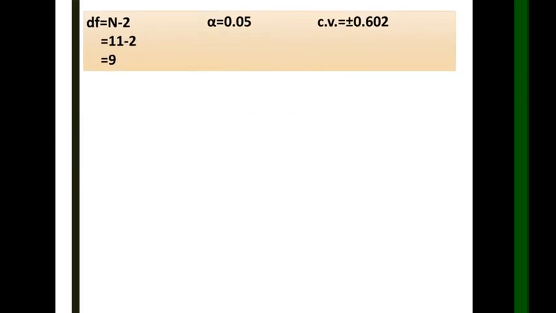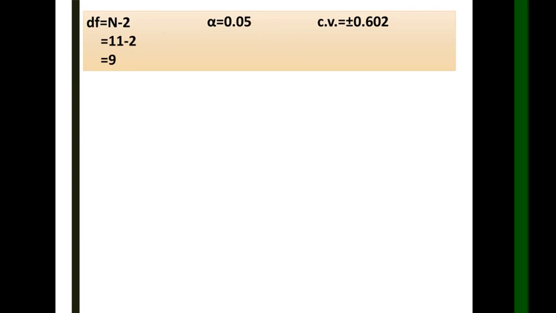And alpha is 0.05. Where did I get 0.05? If the problem doesn't have any level of significance, you may write 0.05. But it depends. If the problem is all about medicine, that's 0.01. If it is educational or something experimental that does not involve medicine, you may use 0.05 or 0.10.